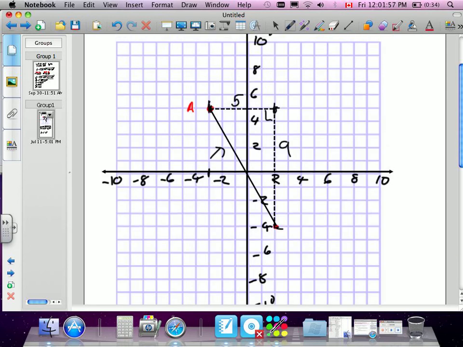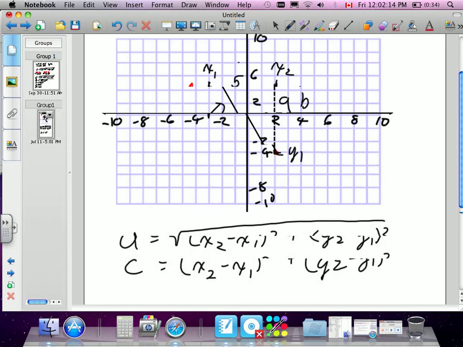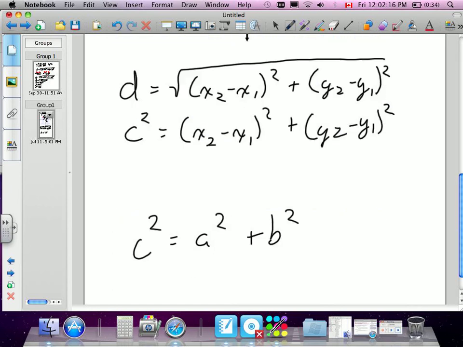We subtracted them to find 5. That was our a. And our y2 and y1, we subtracted those two to find 9, which is our b. So I'm going to replace x2 minus x1 with a and y2 minus y1 with b.